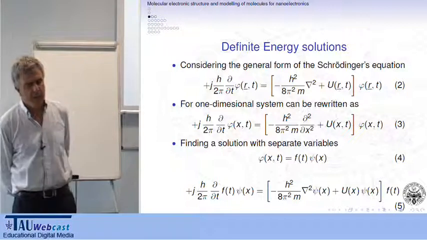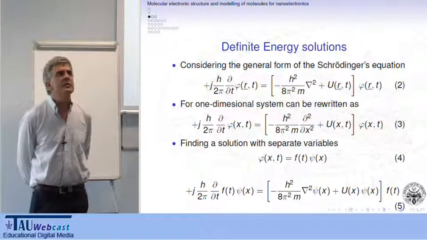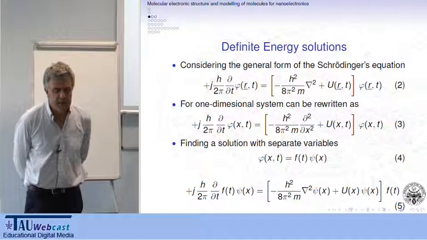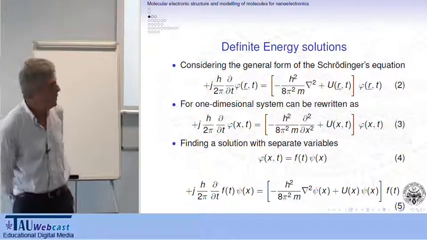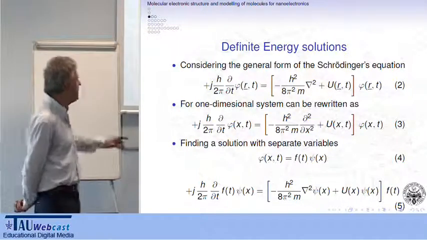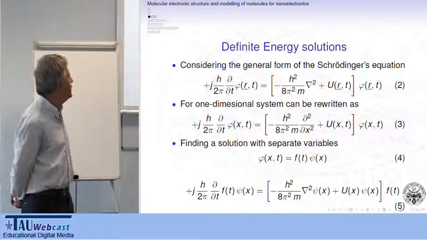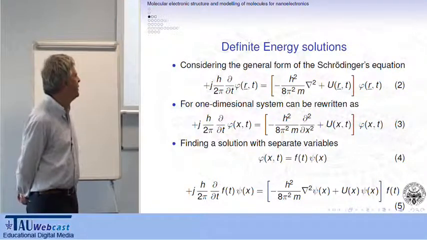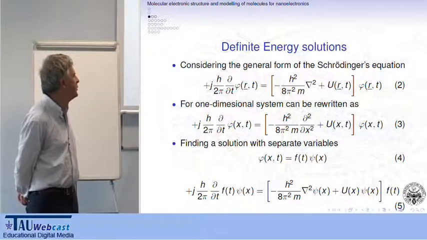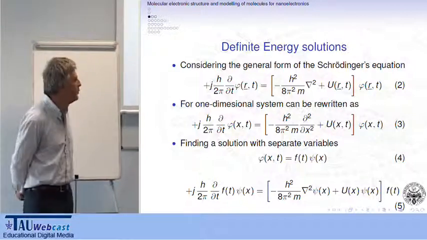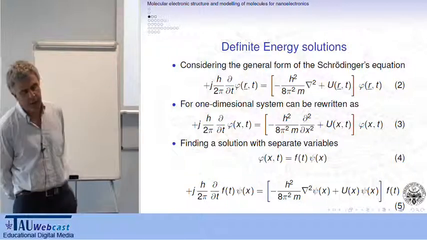So generally we use separation of variables. That means that the wave function can be described as a product of f of t times psi, a function of the point x, in this case if we have a one-dimensional equation.